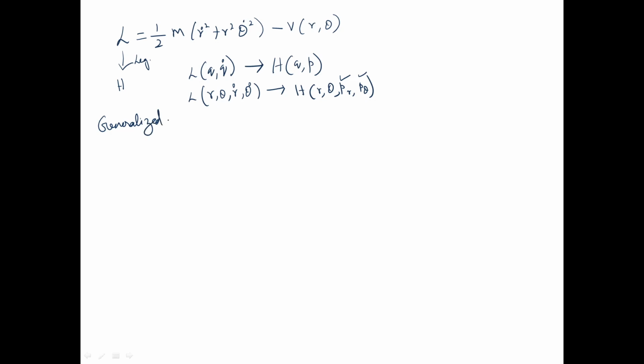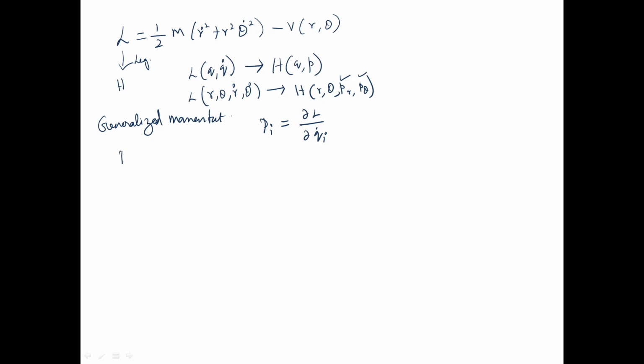In general, the generalized momenta are given as p i equal to dou L by dou q i dot. Here we have two coordinates, r and theta.